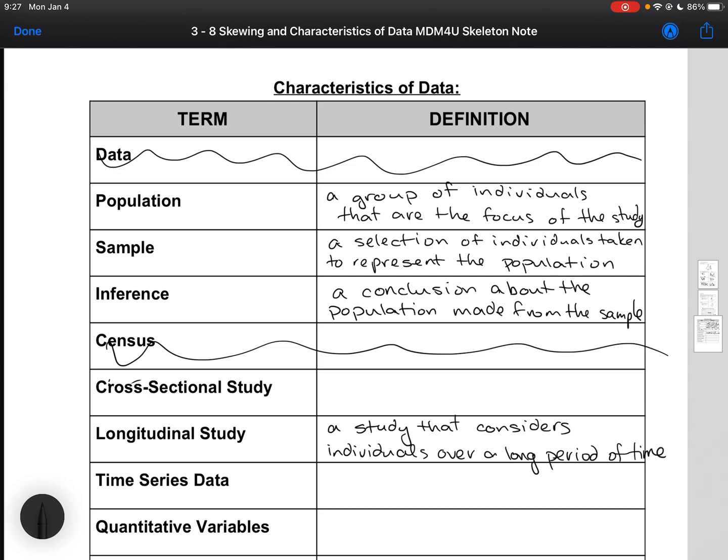And a cross-sectional study is a study that considers individuals from different groups at the same time.